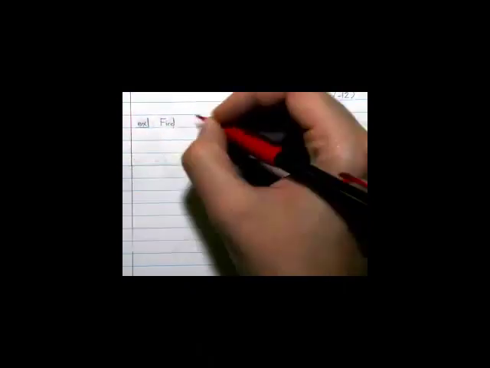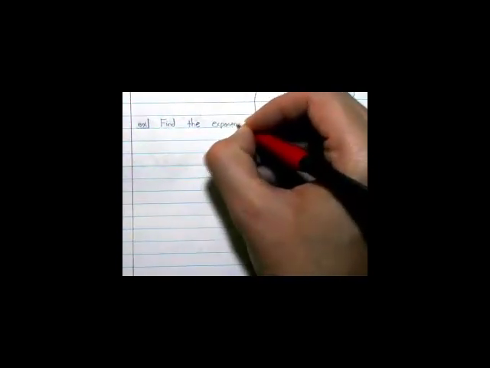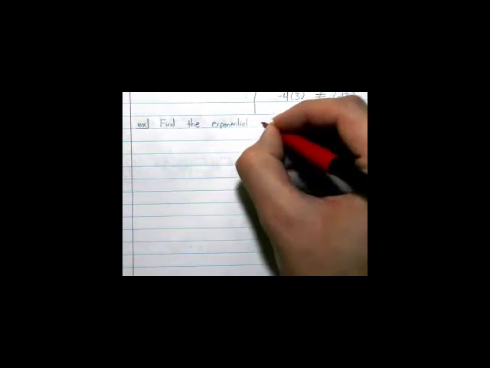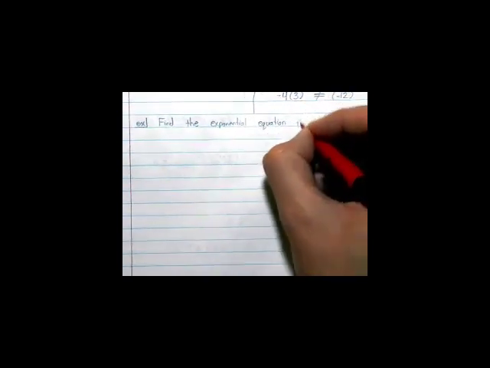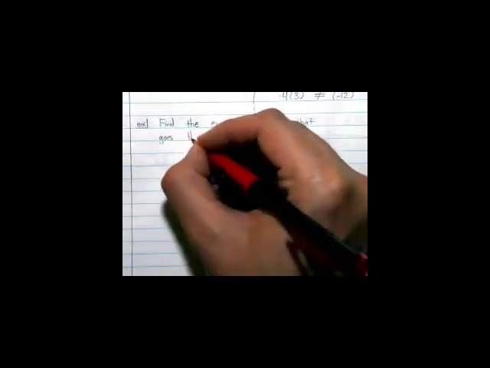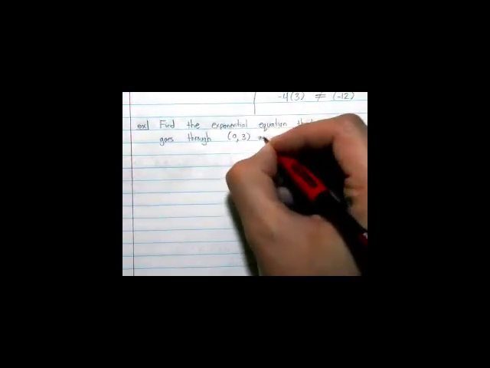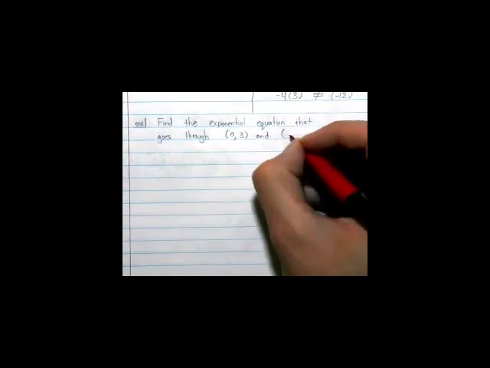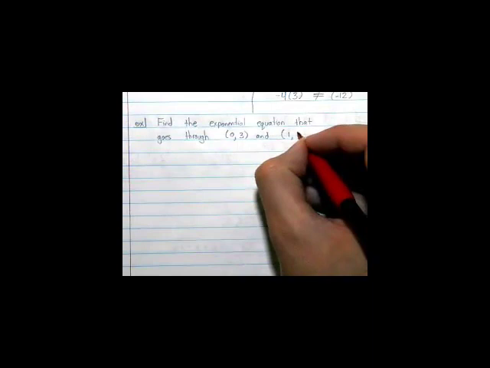So let's find the exponential equation that goes through 0, 3, and 1, 12.